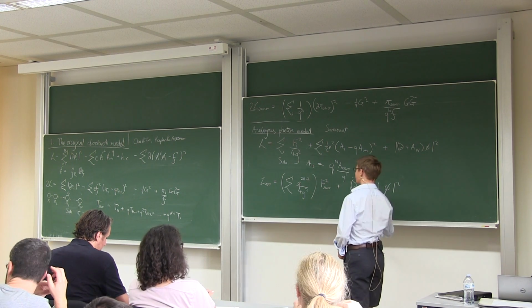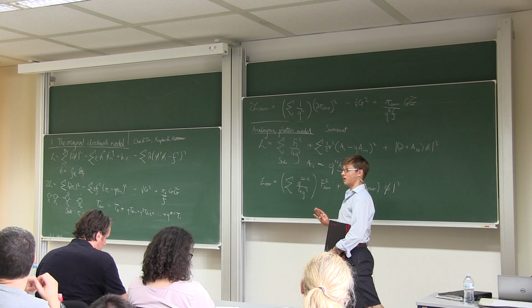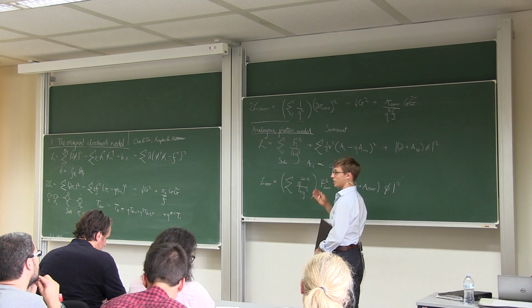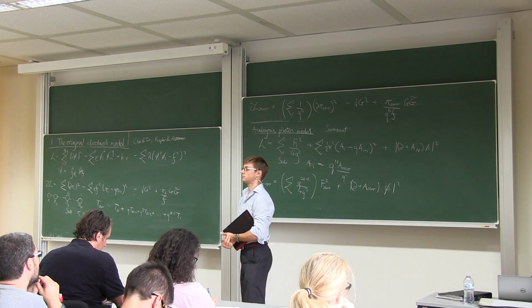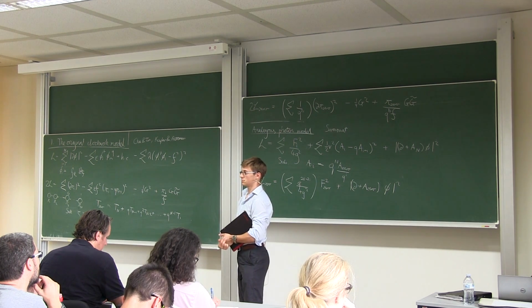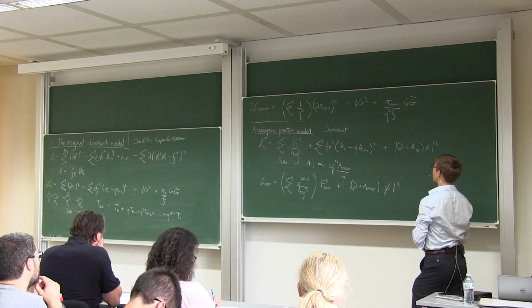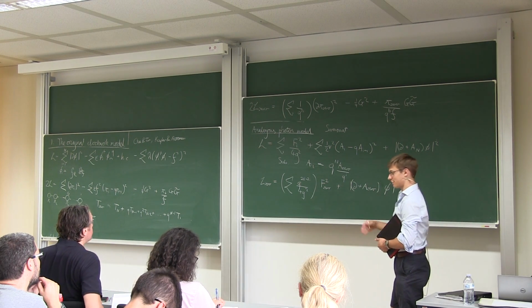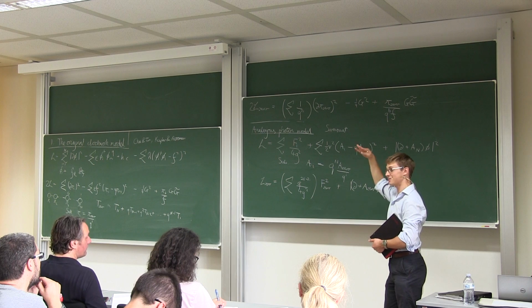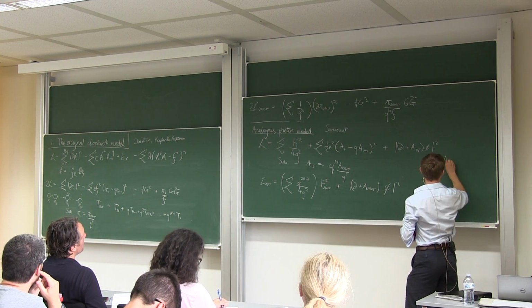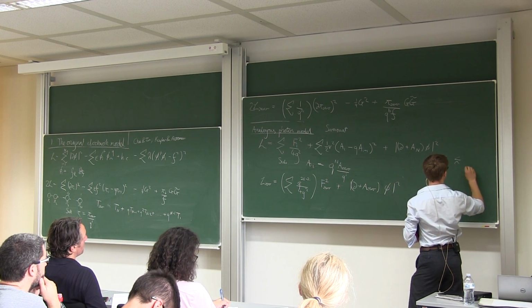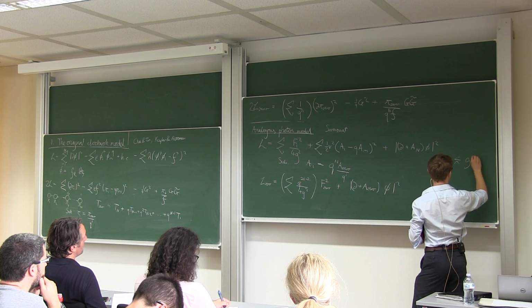Well, it's relevant because it depends exactly on this gauge coupling. It means there should be new physics. There's some effective cutoff of this theory, which is approximately at or below the gauge coupling times M Planck.